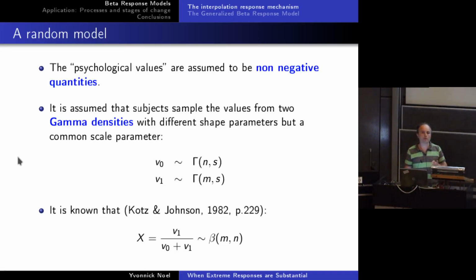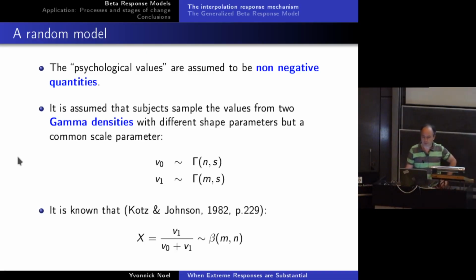Other choices are possible, but this choice is pretty convenient and leads to an interesting result that has been pointed out by Jay, that the ratio of those values will then follow a beta distribution. Now, this is a kind of justification of the beta distribution as a response distribution. But we would like to connect this to structural parameters, I mean to subject and item parameters.